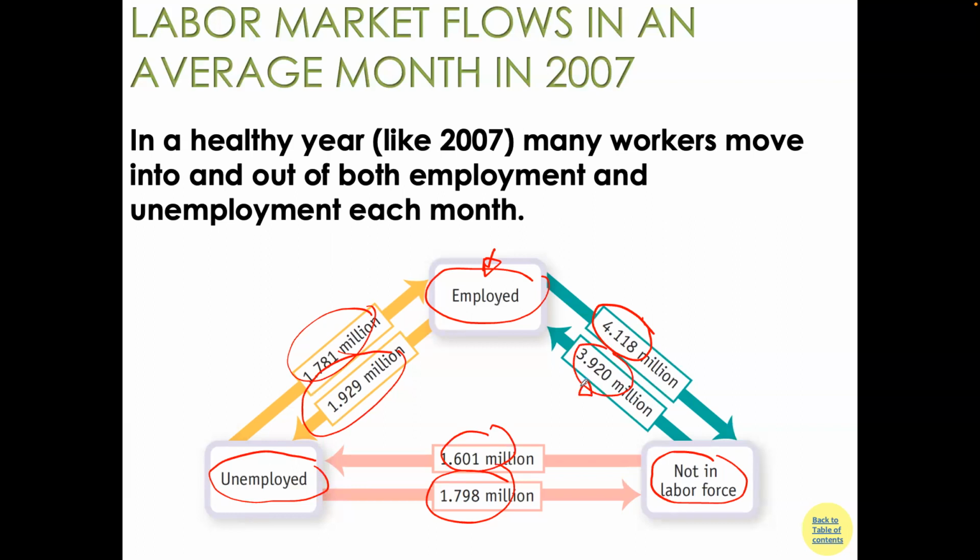Let's start with this one. Who are those 3.9 million people who move from not in labor force to employed? Who are the majority in this 3.9 million? Who are they? Kids. Can you be more specific? What type of kids?